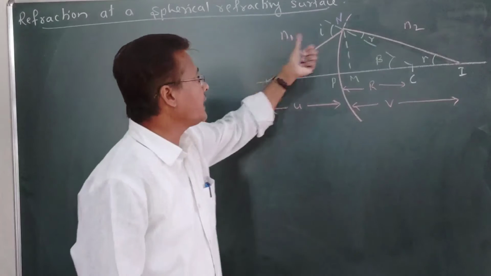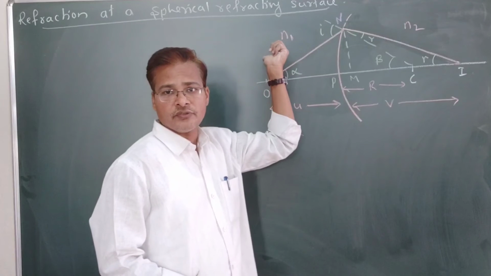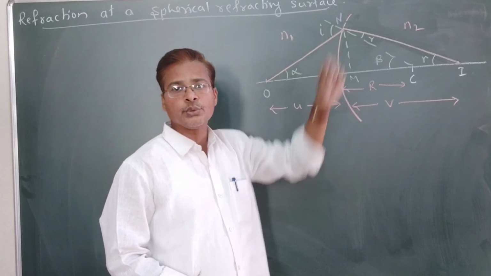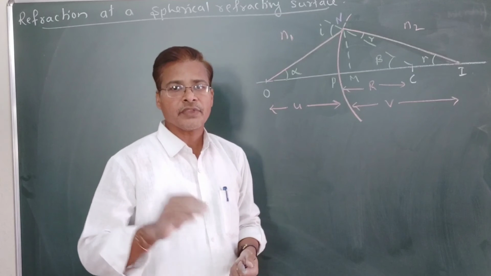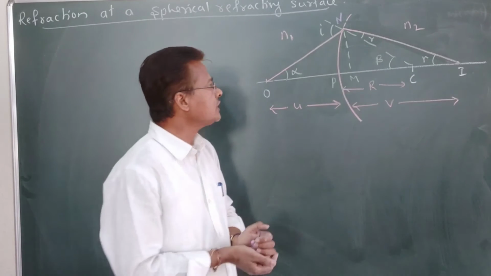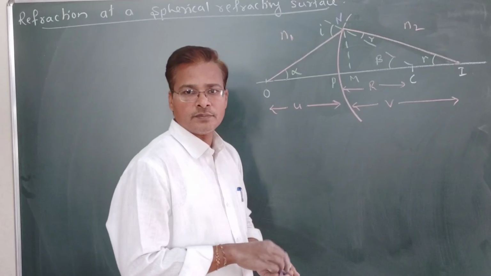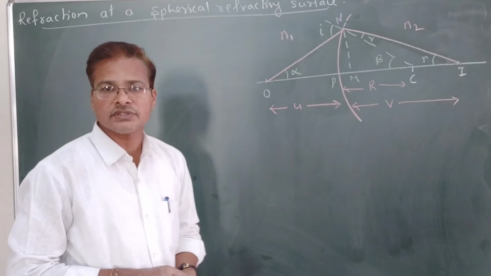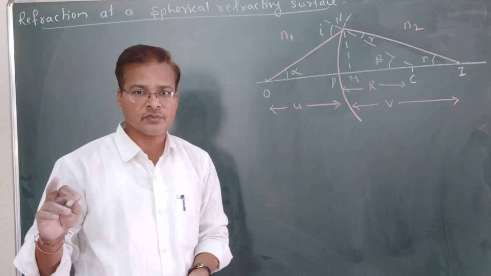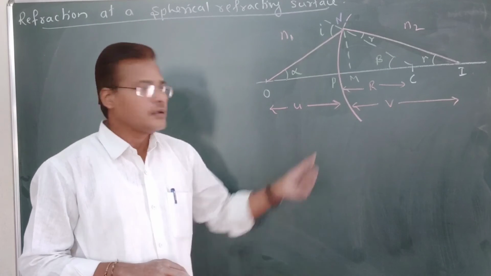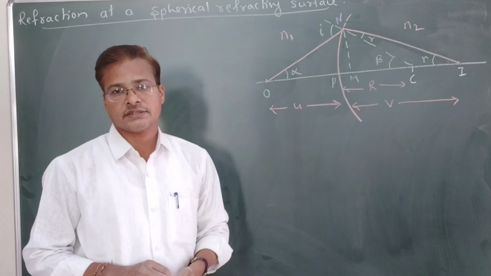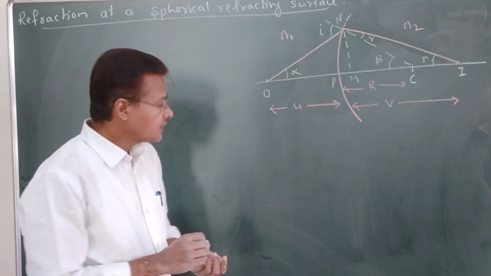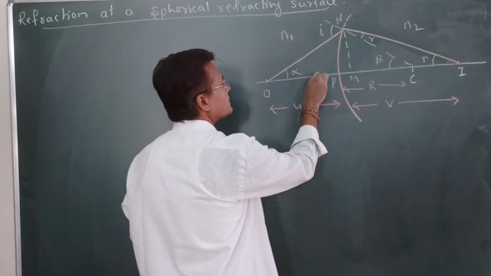N1 and N2 are the refractive indices: N1 of the rarer medium and N2 of the denser medium. Now see, here one object is placed on the principal axis. According to the sign convention, all the distances are measured from the pole of that spherical surface.